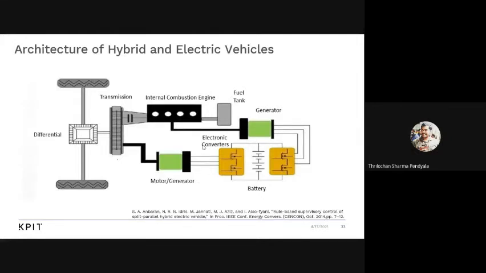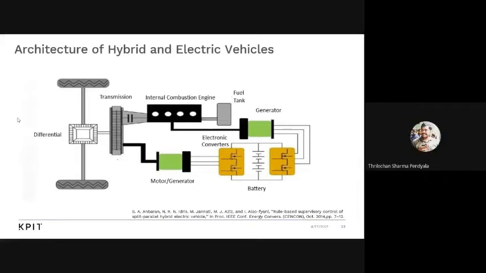So these are the components. As you can see, it is a combination of an IC engine, that's internal combustion engine, which will run on petrol or diesel in India, and also a combination of an electric motor, which will also be used to run the vehicle. Now, the usage of these two can be done independently or as a unit together.